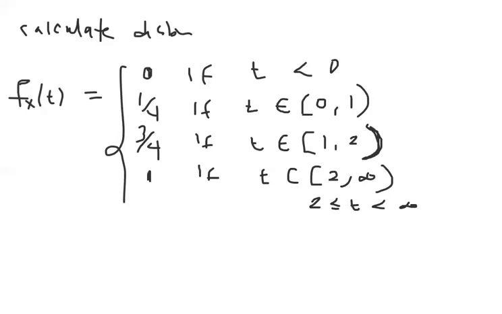So let's draw. Because we've been asked to draw, we have the probability of X here, and we start from 0, 1, and 2. The probability of having anything less than 0 was 0, so here we have 0. And the probability of having 0 but with 1 not inclusive was 1 over 4, so 1 over 4 is here.